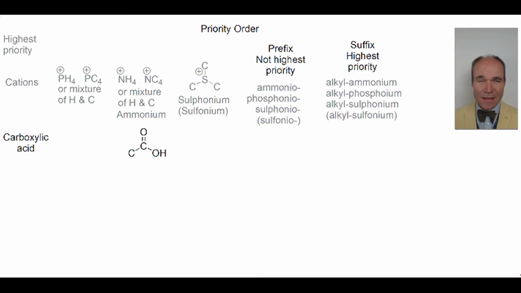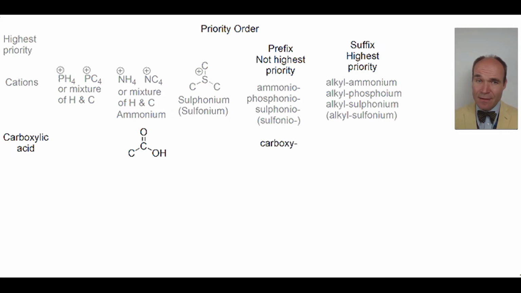And again, they have 2 different names depending on their priority within a certain molecule. If they are not the highest priority functional group within a specific molecule, for example, there's a cation as well, then they are called carboxy.